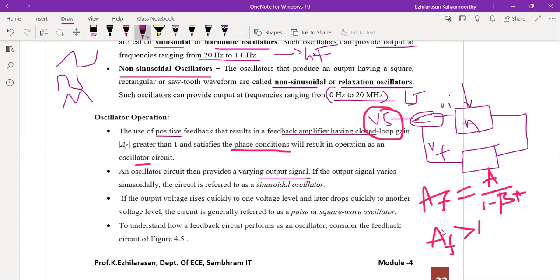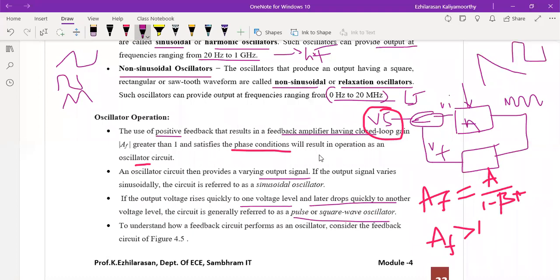If the output signal changes sinusoidally, that kind of oscillator is called a sinusoidal oscillator. But if the voltage rises quickly to one level and later drops quickly to another level, then it is a pulse or square wave oscillator.